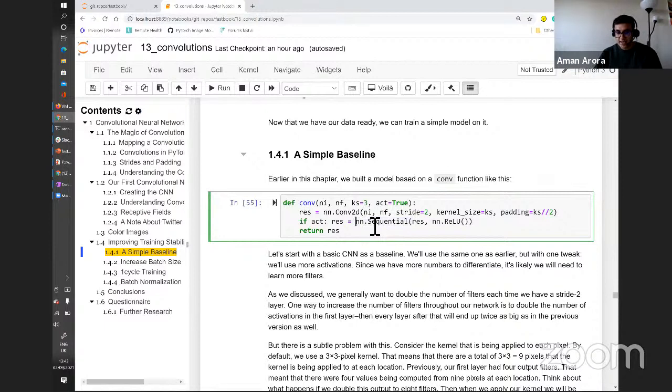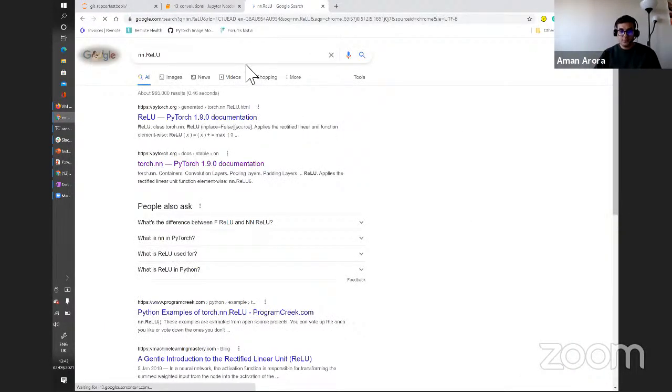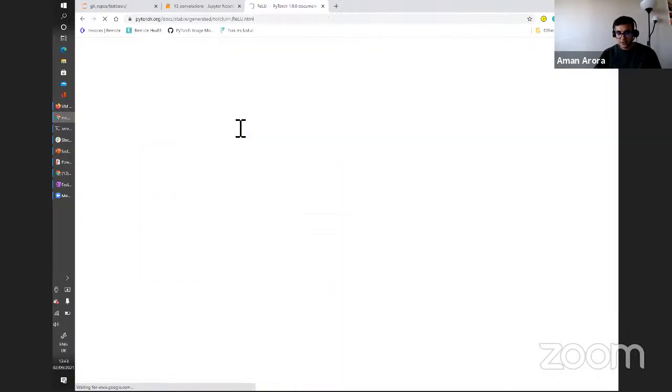So what is nn.Sequential? In PyTorch, it just says: first apply the convolution operation, and then apply the ReLU operation. If there are any questions about what ReLU is, we've already discussed that it is an activation function.